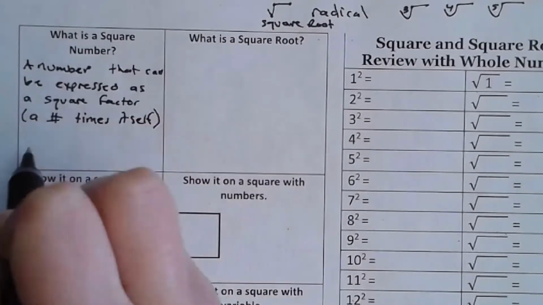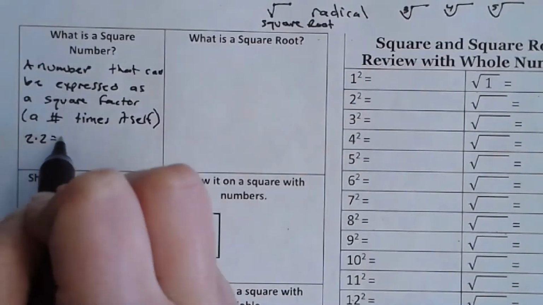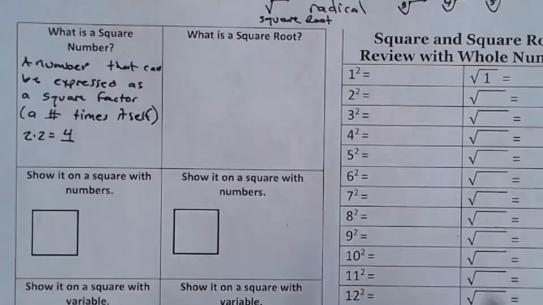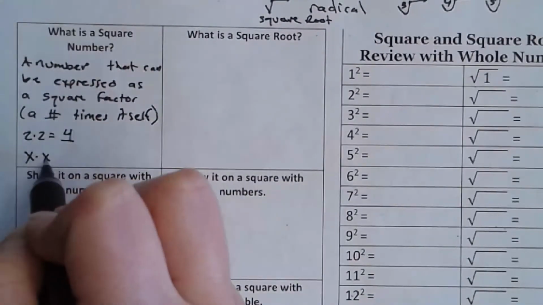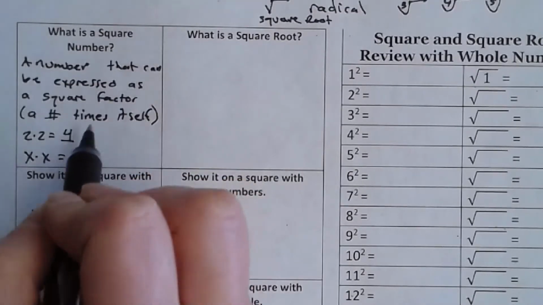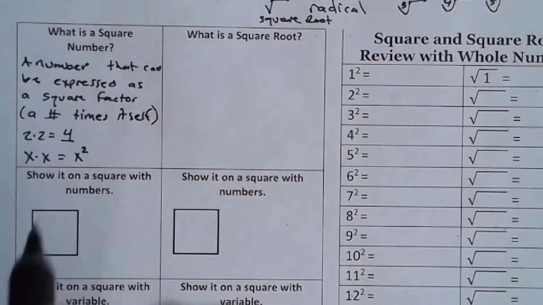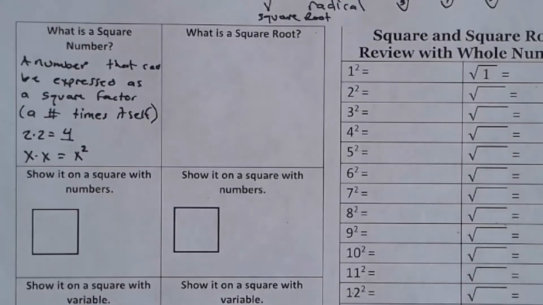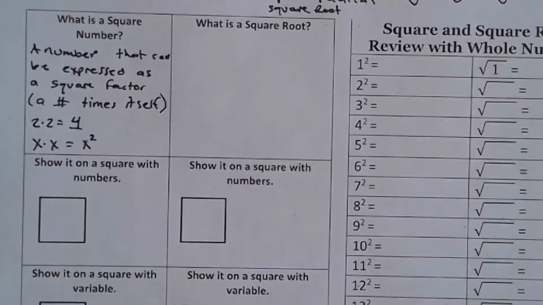So an example of a squared number is 2 times 2, so the squared number would be 4. X times x, so the squared number would be x squared. So it's anything that can be expressed as a squared factor. 2 times 2, x times x, 5 times 5.